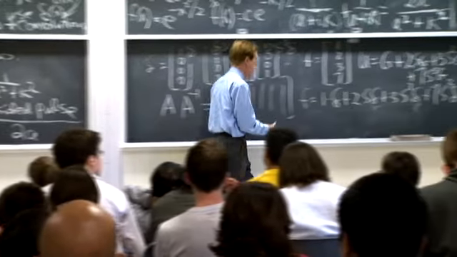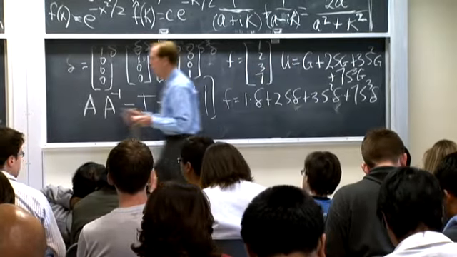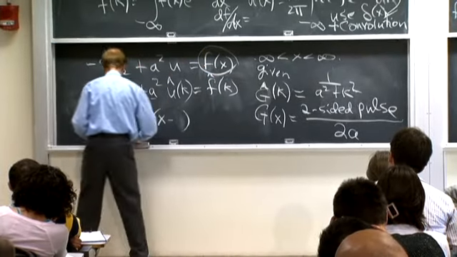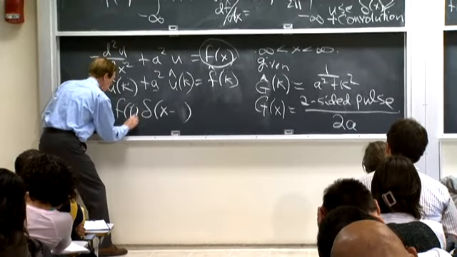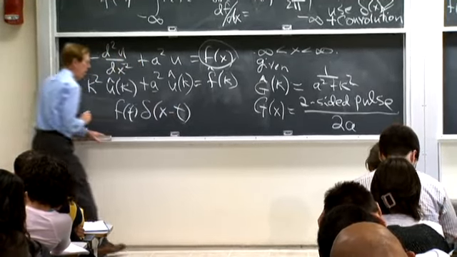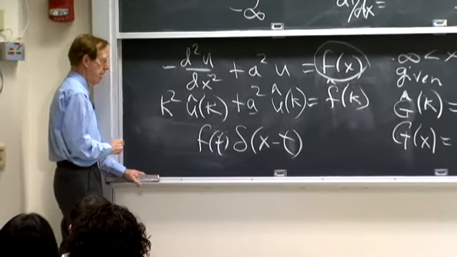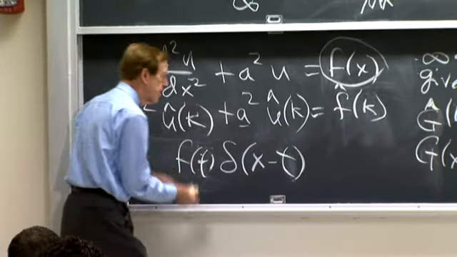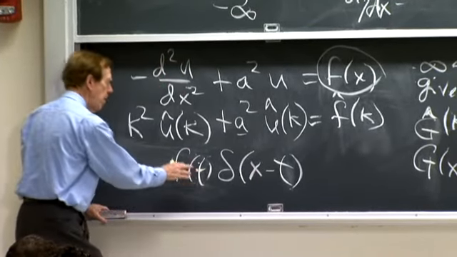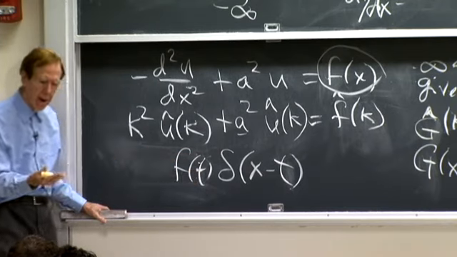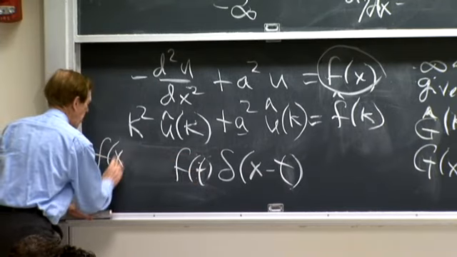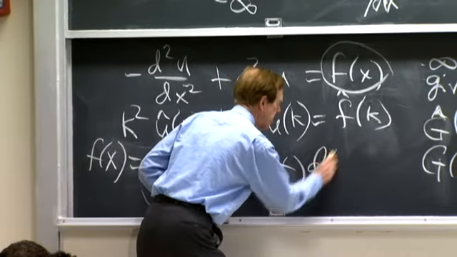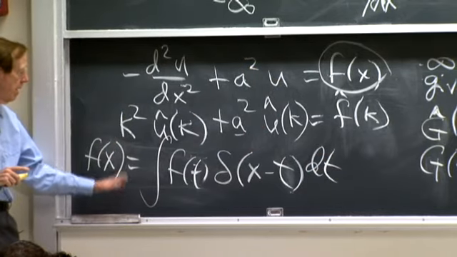So I change 3 to a t. That's the delta function with spike at t multiplied by f of t, and now how do I get f of x out of this? I put them together, dt. I add up. This is the combination I've been talking about.